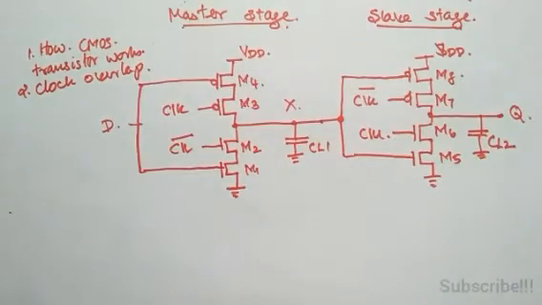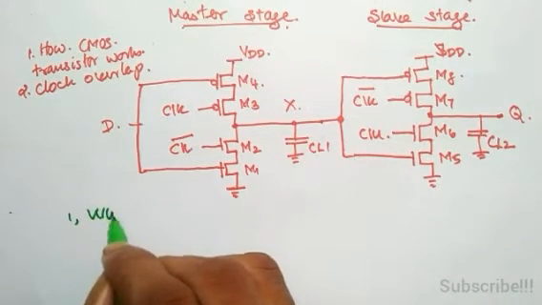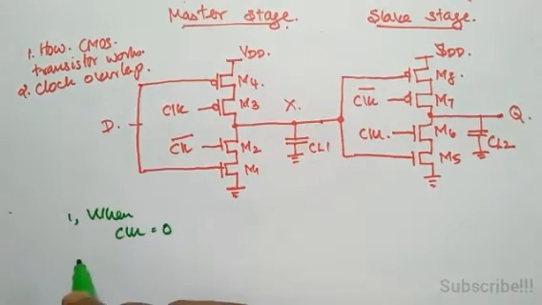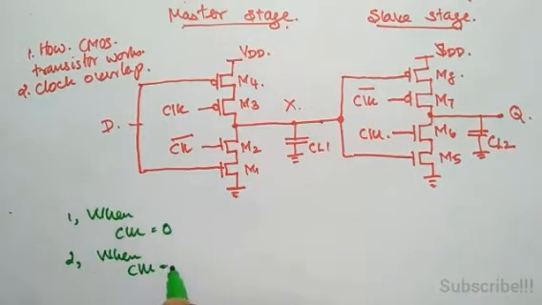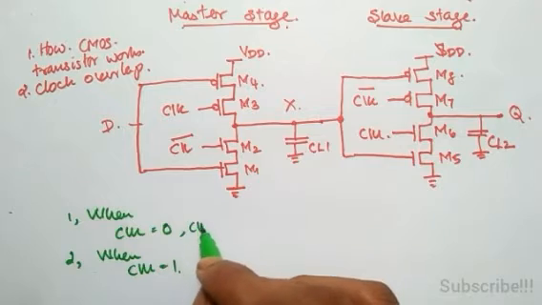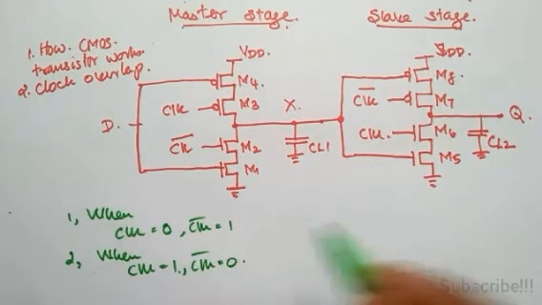So the operation of C-square MOS consists of two phases. First phase is when clock is equal to 0 and the second phase is when clock is equal to 1. Obviously clock inverse is equal to 1 when clock is equal to 0, and clock inverse is equal to 0 when clock is equal to 1.